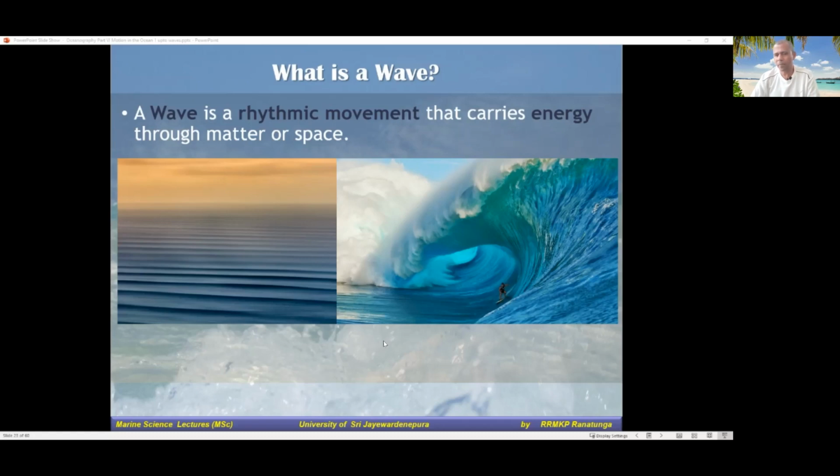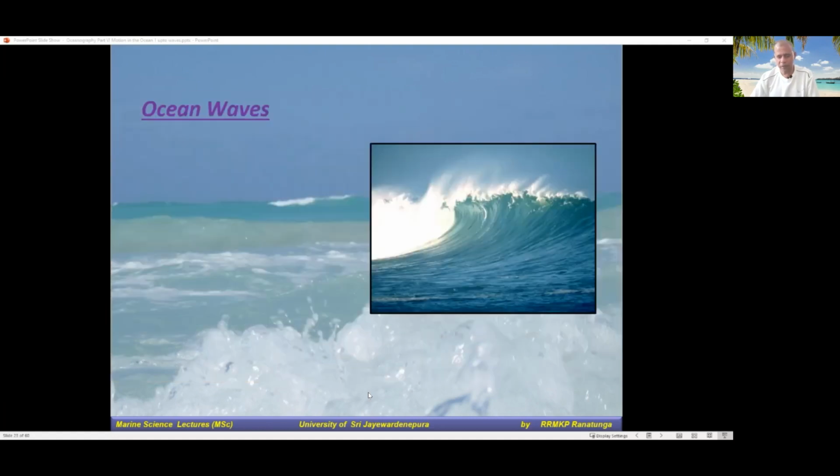Similarly, ocean waves are called a rhythmic movement, the same as the sound wave. They also carry the energy, but not the particles. In other words, waves do not really move the particles, only the energy. We will try to understand this a little bit further.